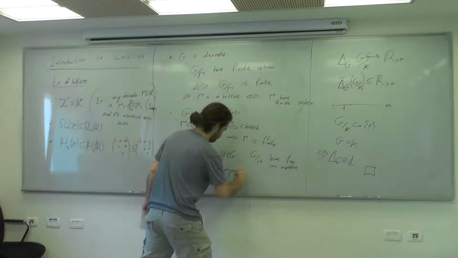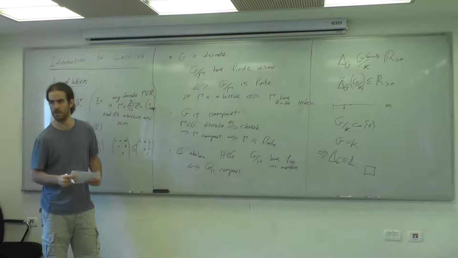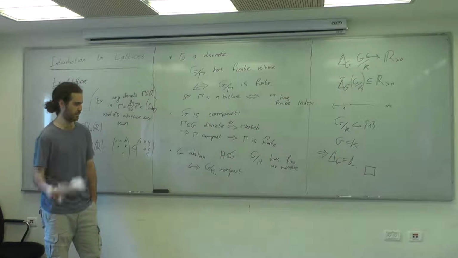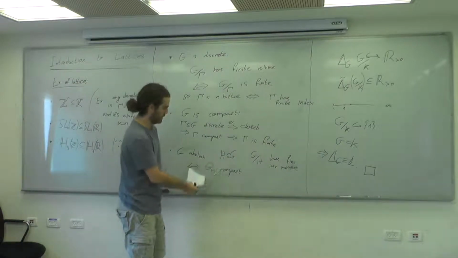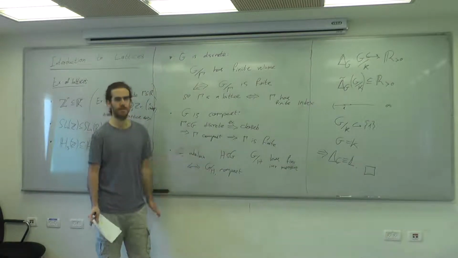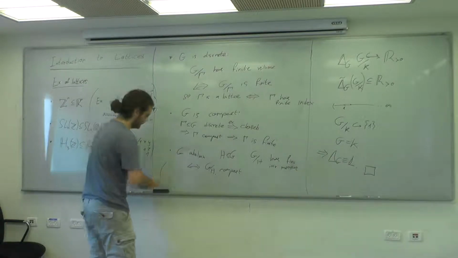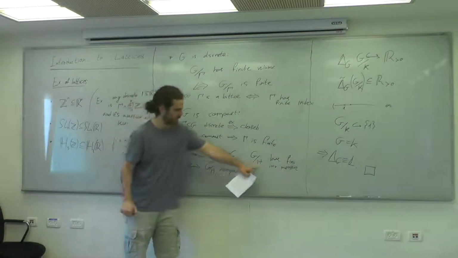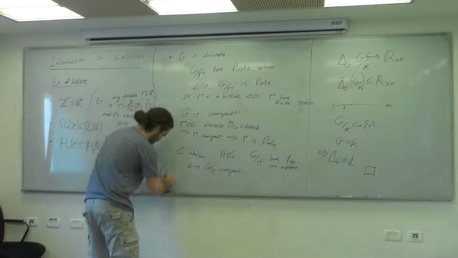This follows from the remark I made; it's exactly what we demonstrated a few minutes ago. In the case of lattices, gamma is a lattice if and only if the quotient is compact. This property, that any such H has invariant measure if and only if G mod H is compact, is called property M.